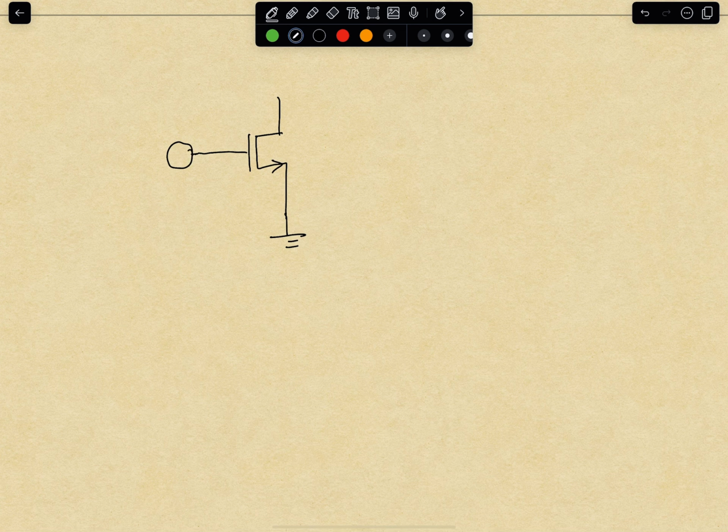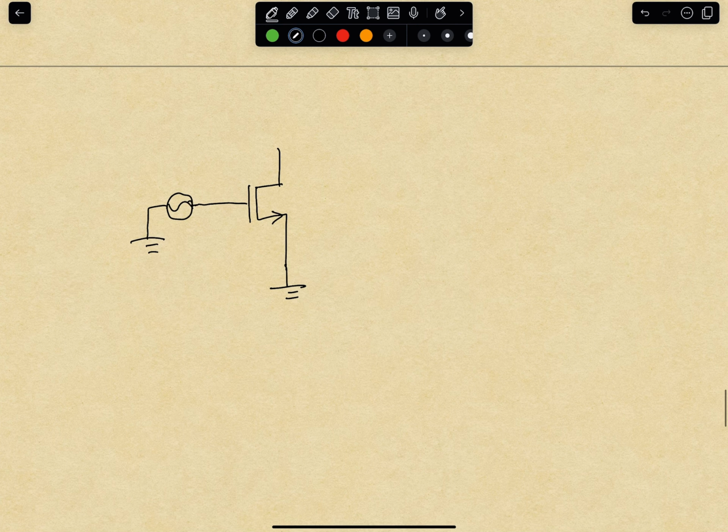The first part is an AC, the second part is a DC, and together these two create the input voltage. When you are doing small signal analysis, you make the DC one ground. We only consider the AC signal. We don't care about DC biasing, but DC biasing is very important for circuit design, and we can talk later about how to determine biasing. It's also a popular topic in interviews.